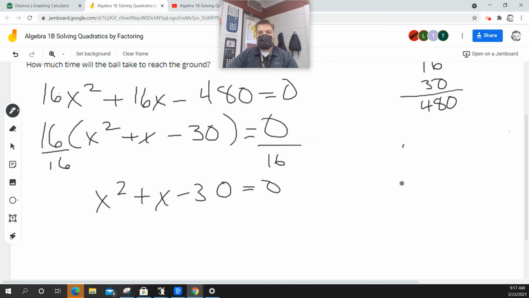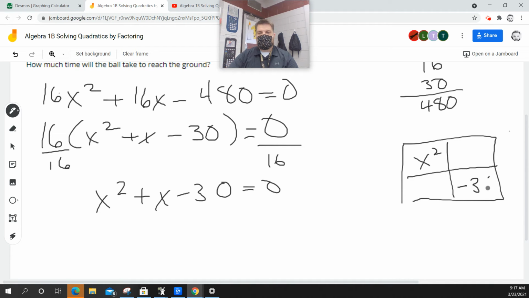Now I can guess and check this. I'm going to say x squared minus 30. So I need two numbers that when I multiply them, they give me negative 30, but when I add them up, they come up to positive 1. What are those two numbers?